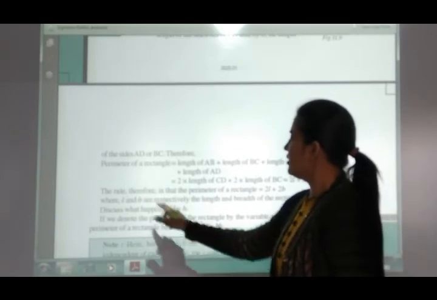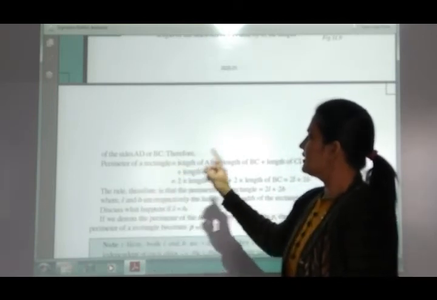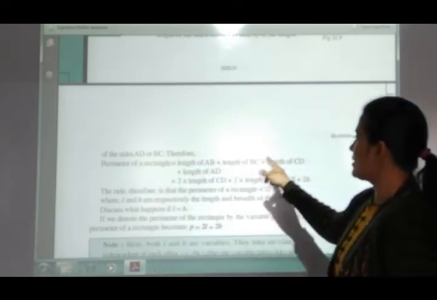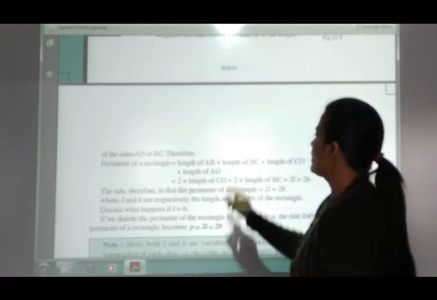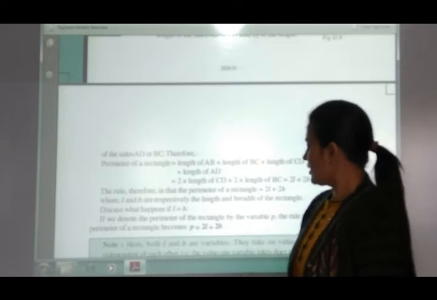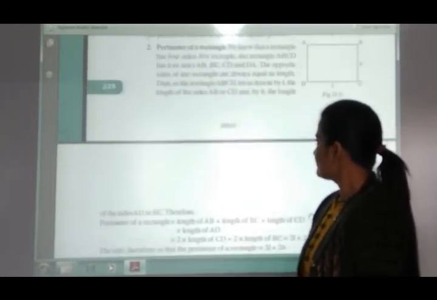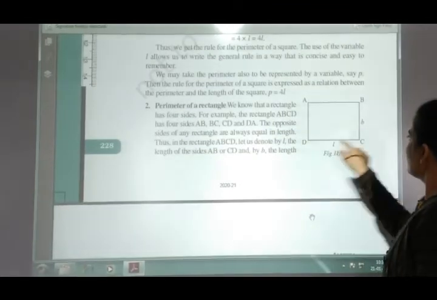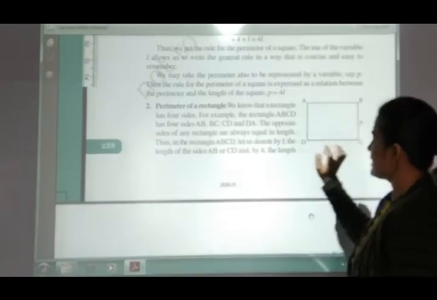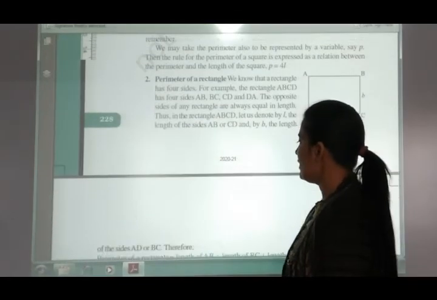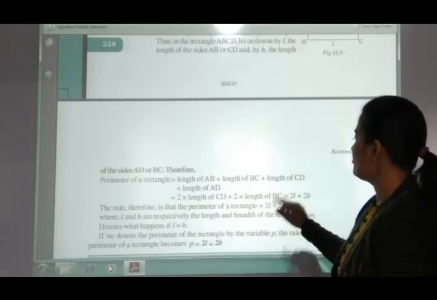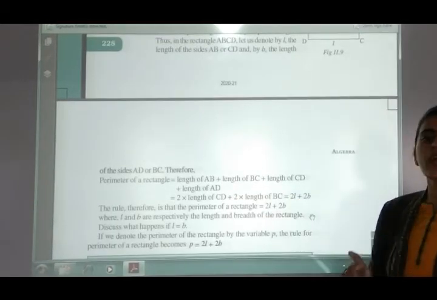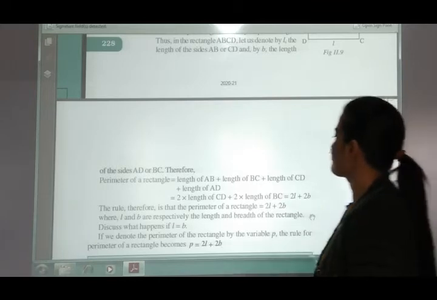So the perimeter of the rectangle is equal to the length of AB plus the length of BC plus the length of CD plus the length of AD. Opposite sides are the same, so we can write 2 multiplied by the length of CD plus 2 multiplied by the length of BC, that is equal to 2L plus 2B.